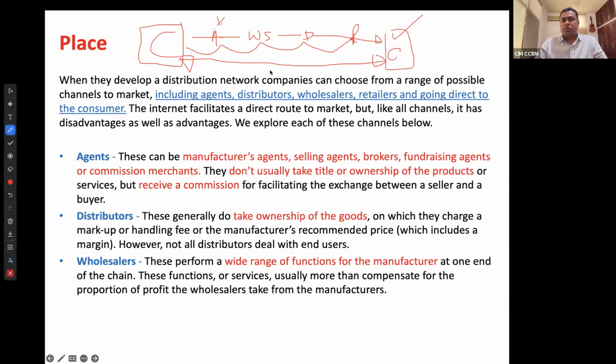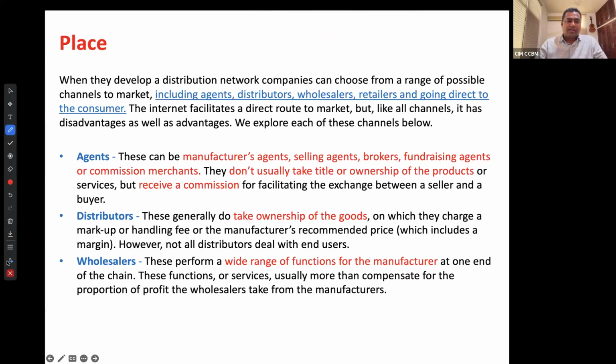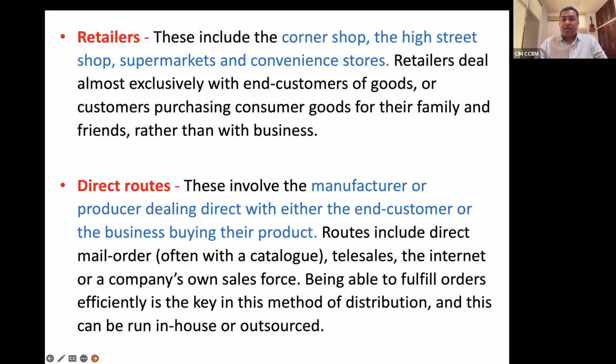Usually when you do that, you will sell at a very reduced price, because all these margins that you're keeping, from agents to wholesalers to distributors to retailers, you can give that benefit to the customer when he comes to your website and orders, let's say, a pair of Nike shoes, and then you can ship it to him directly, right? We call it direct marketing.